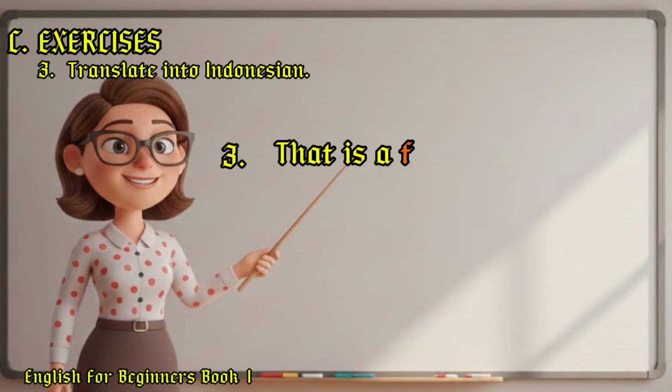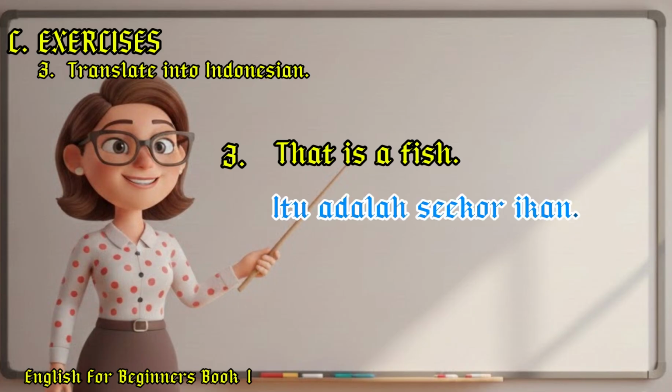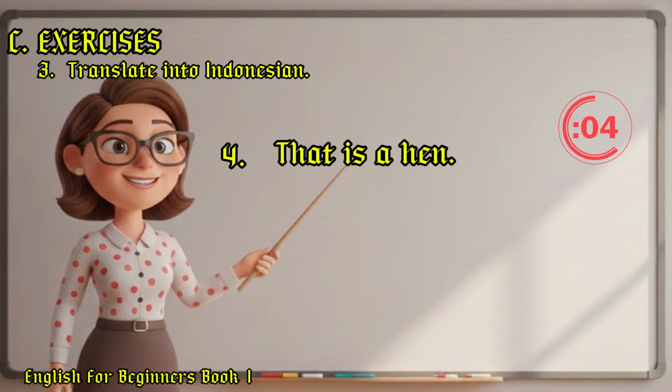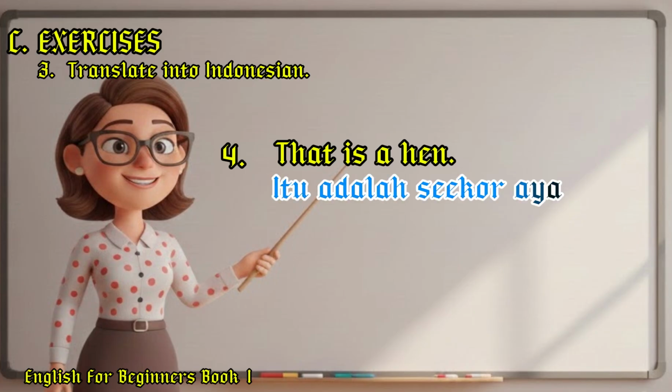That is a fish. Itu adalah seekor ikan. 4. That is a hen. Itu adalah seekor ayam betina.